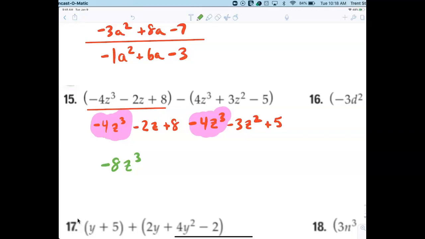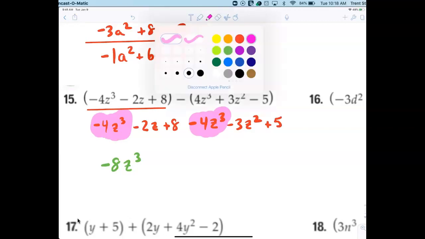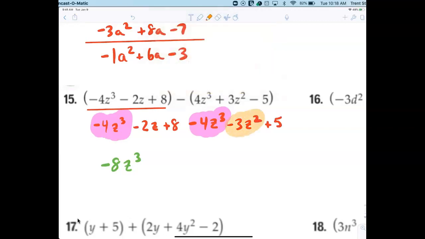Now after the cube comes what? Anything to the second power. Does everybody agree with that? Now, what's the problem with the second power? There's just one of them. So that's what? Negative 3z squared.